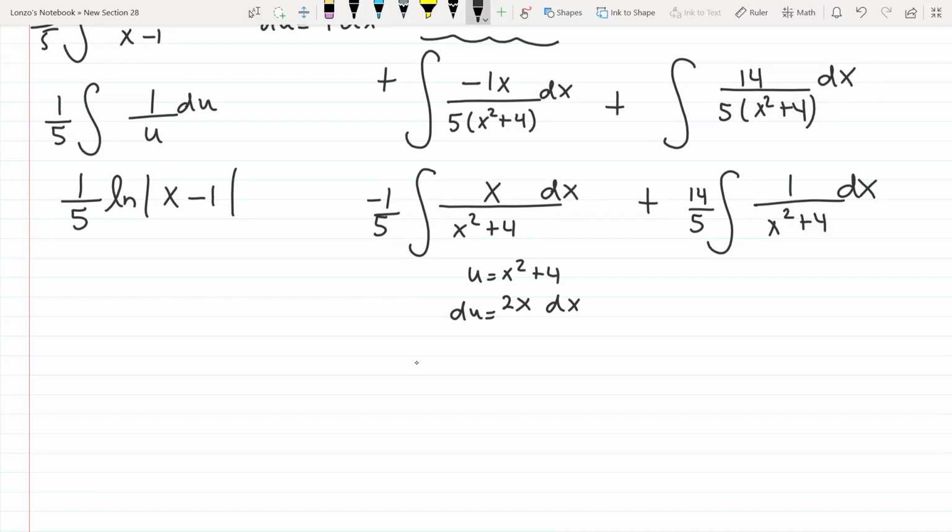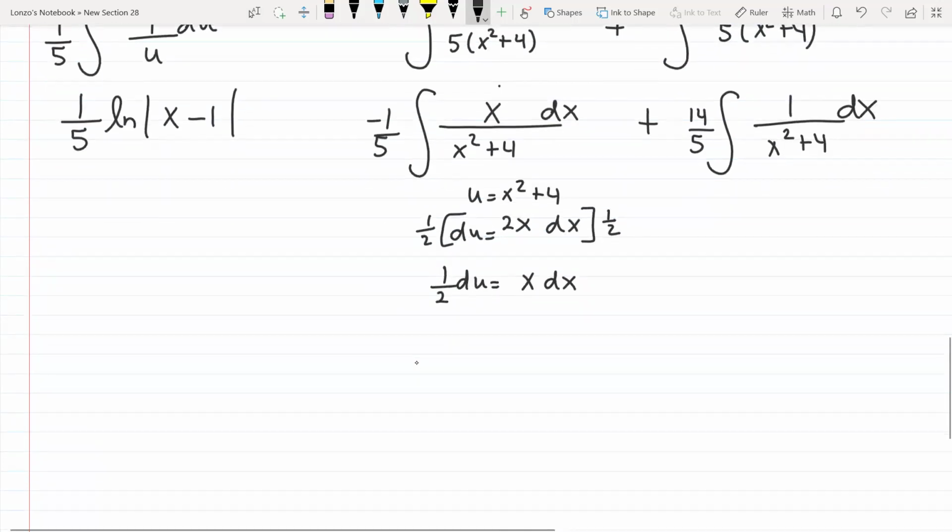And unfortunately, I have to get rid of this 2 because I only have an x and a dx. So how do I get rid of that 2? By multiplying both sides by 1/2. So it's 1/2 du, and then on the right, 2 times 1/2 is x dx.